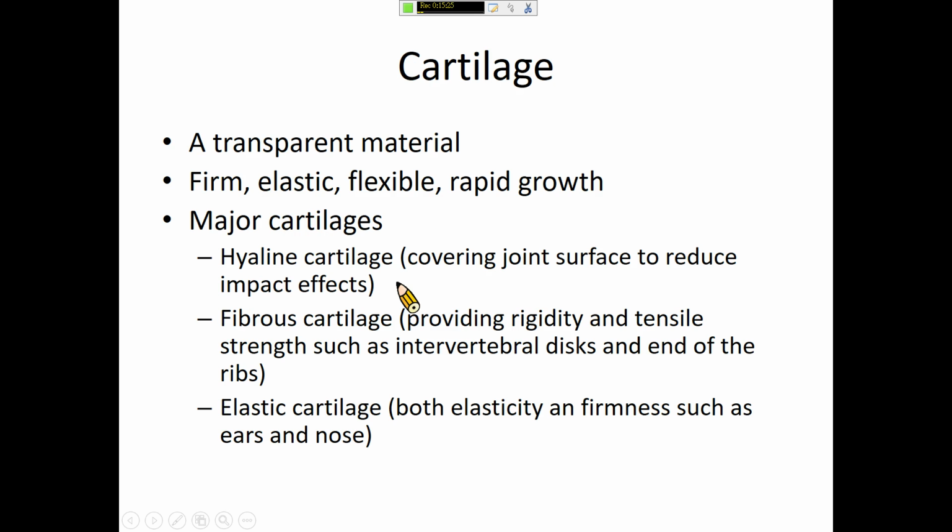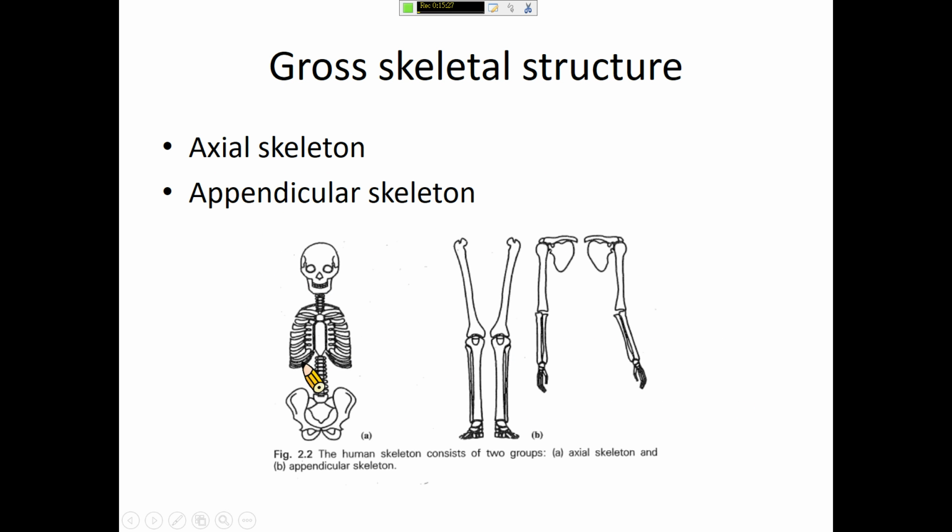Also for the axial, to support the weight of the organs inside, okay, the upper body for the two legs.